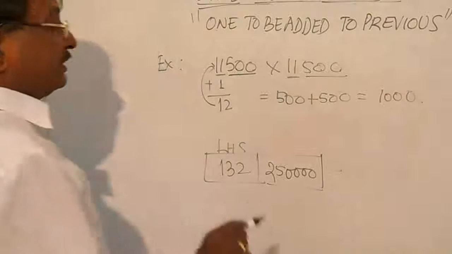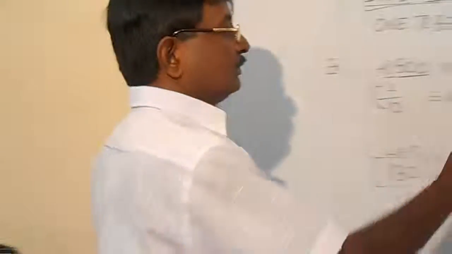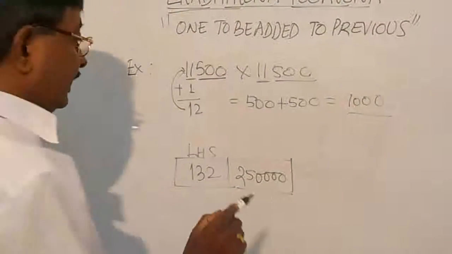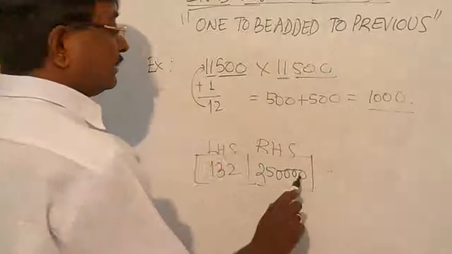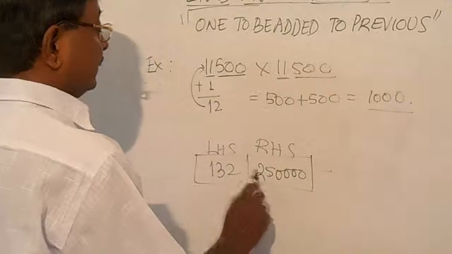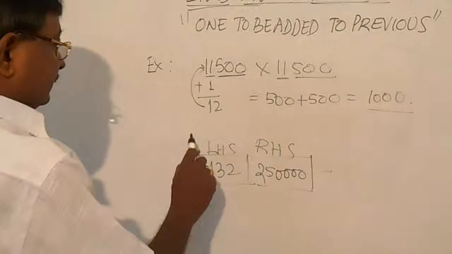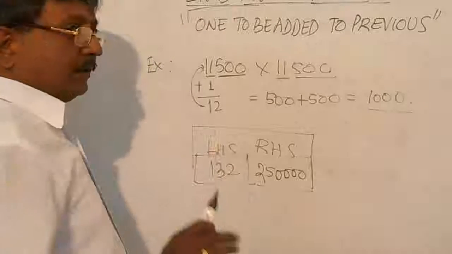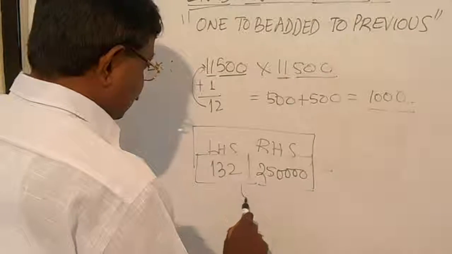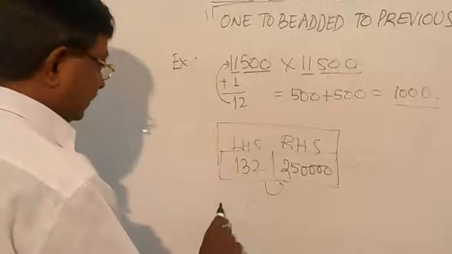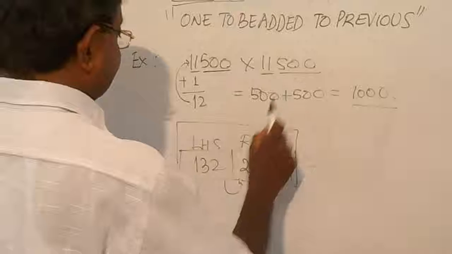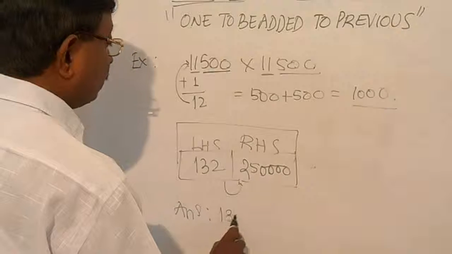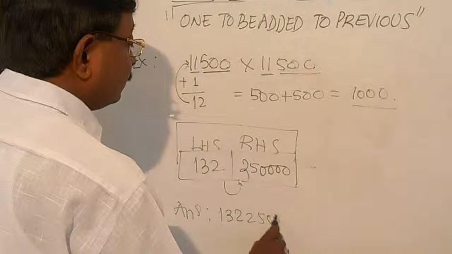Here the condition is, if the sum of the last digits equals 1000, we should have 6 digits in RHS, that is 1, 2, 3, 4, 5, 6, and in LHS there is no such condition. Here I have to join these two, LHS and RHS, forming the answer. The answer for 11,500 multiplied by 11,500 equals 132, 25, 0, 0, 0, 0.